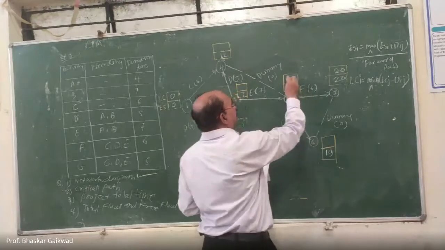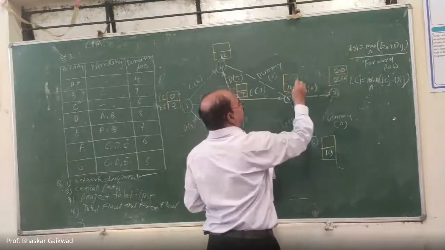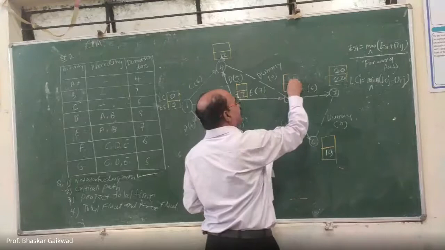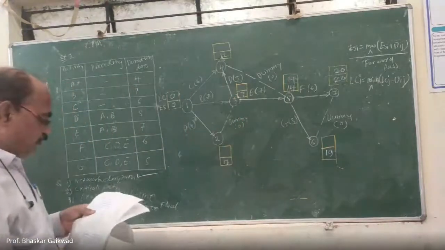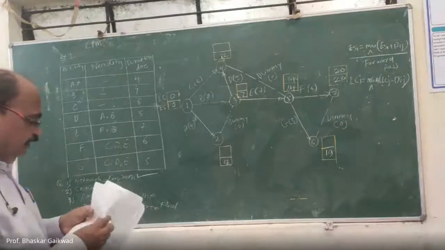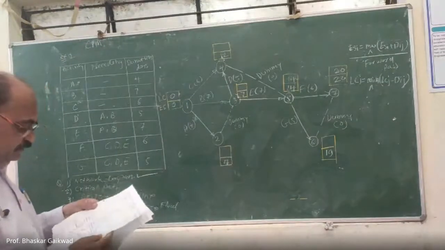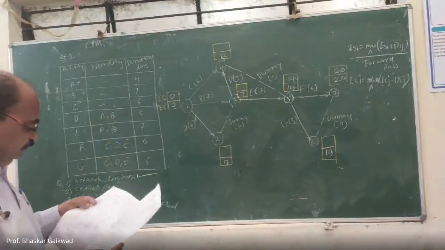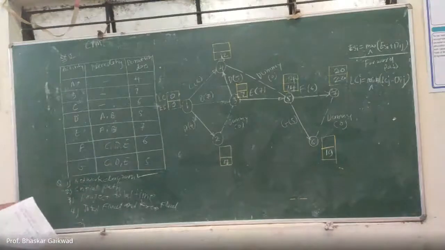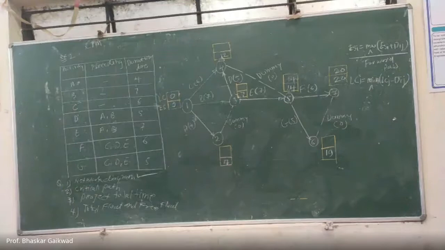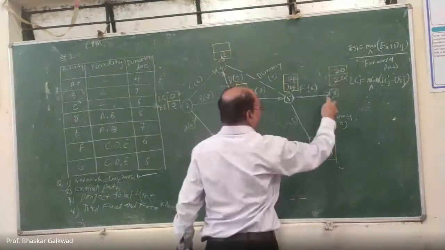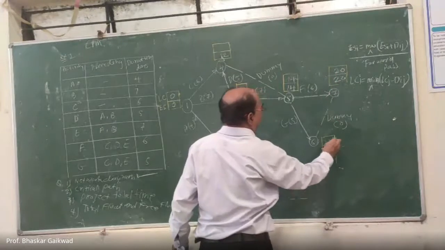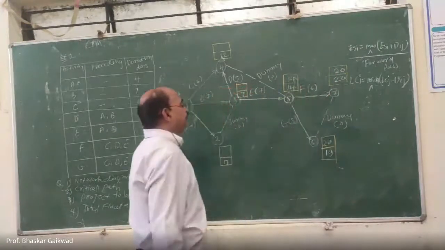So you go with 20 minus 6, 14, which is the minimum. Correct? Now what about this activity, 6 to 7? Here it is 20 minus 0. Already it is 20.